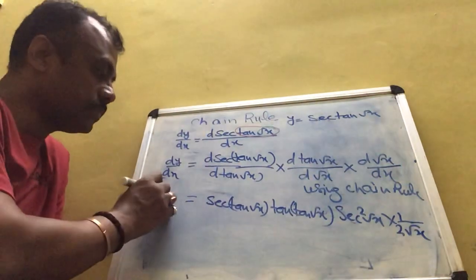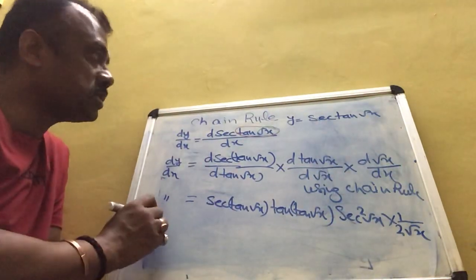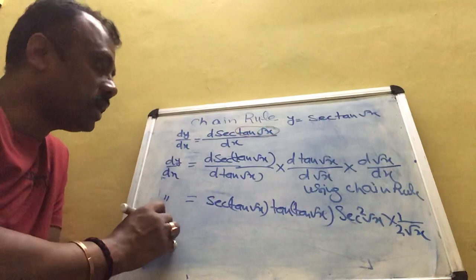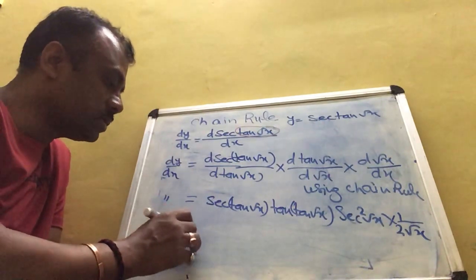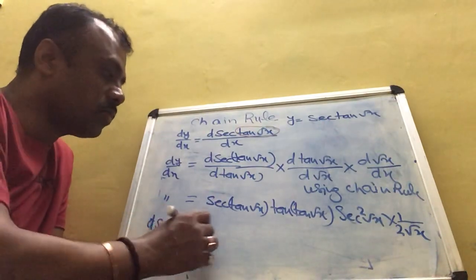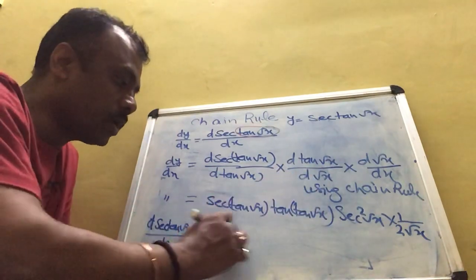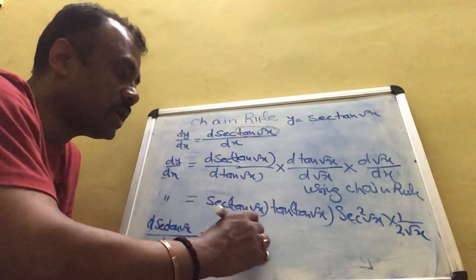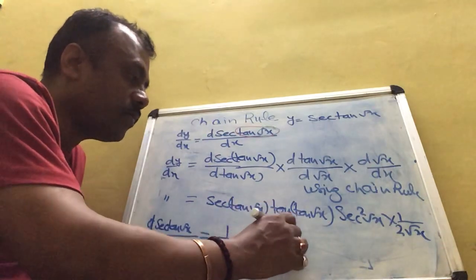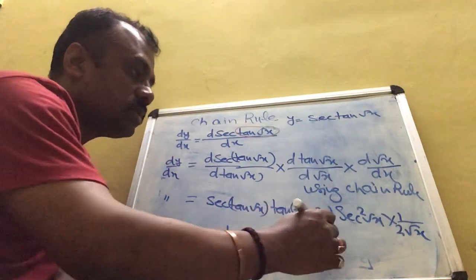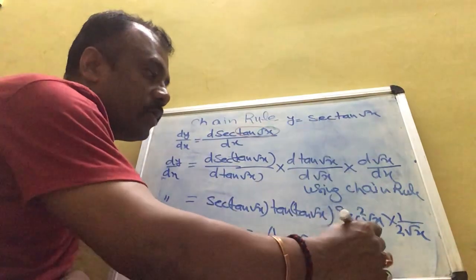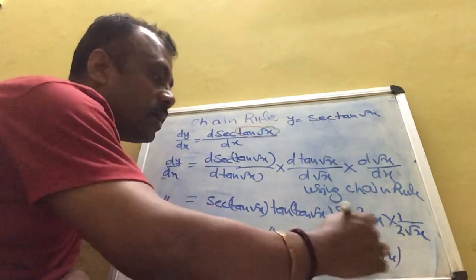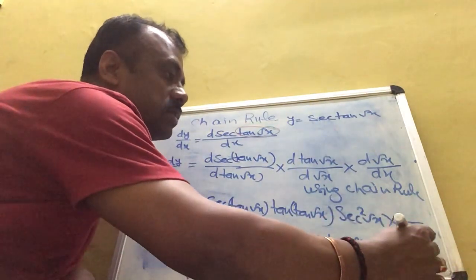So writing this, d/dx of sec of tan root x equals 1 by 2 root x, sec of tan of root x, tan of root x, and sec square root x.